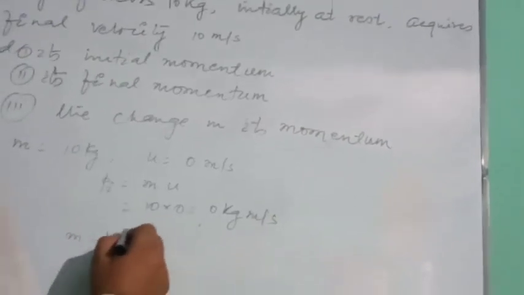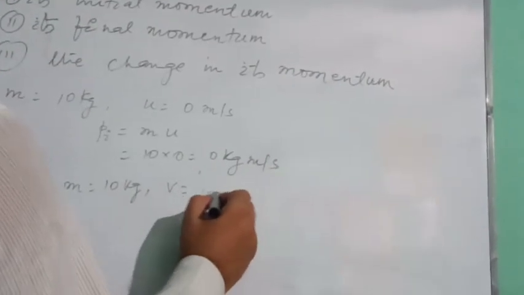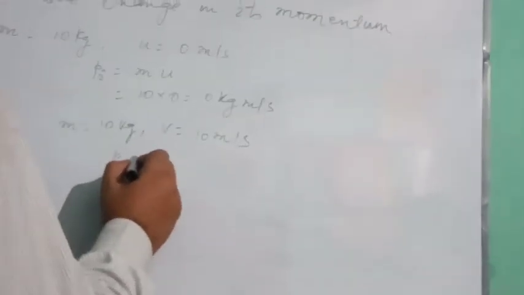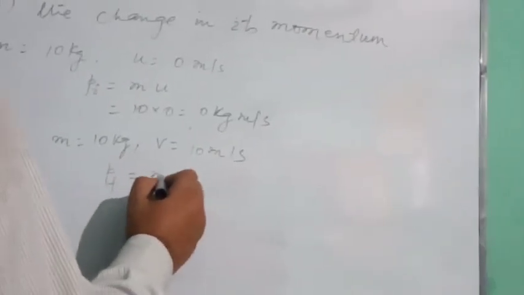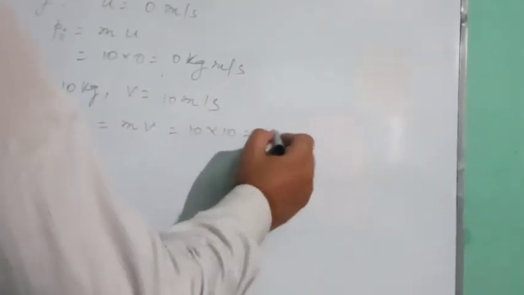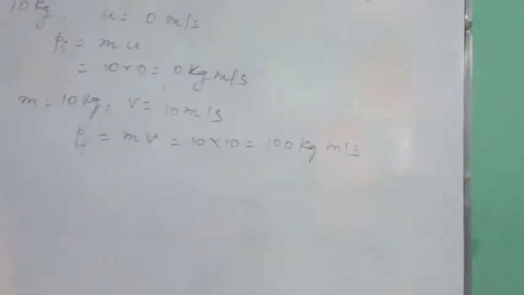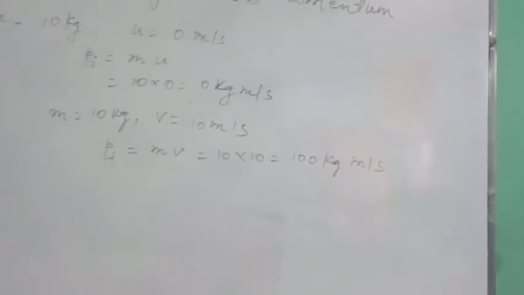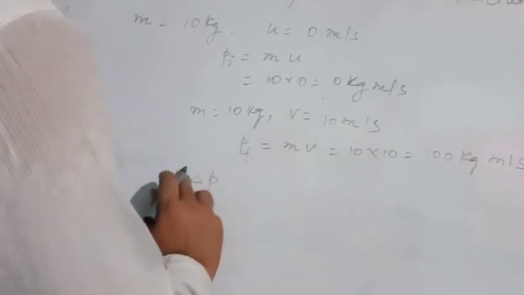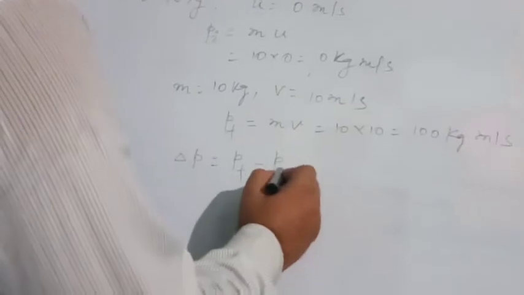M equals 10 kg. Final velocity is 10 meter per second. Then its final momentum equals mass into final velocity, 10 into 10, 100 kg meter per second. Now the change in momentum, delta P, equals final momentum minus initial momentum.